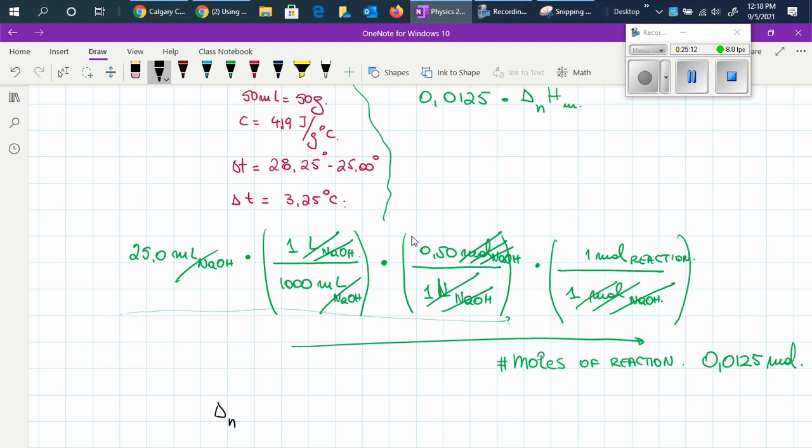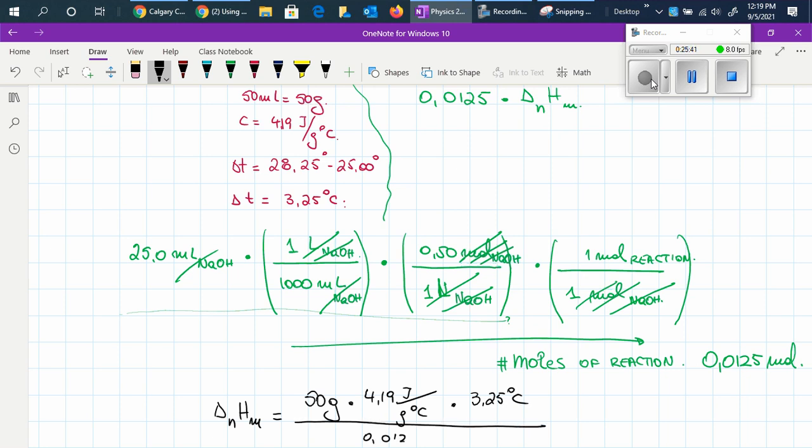So the molar change of enthalpy of neutralization will be equal to 50 grams times 4.19 joules per gram degree Celsius times 3.25 degrees Celsius over 0.0125 moles.